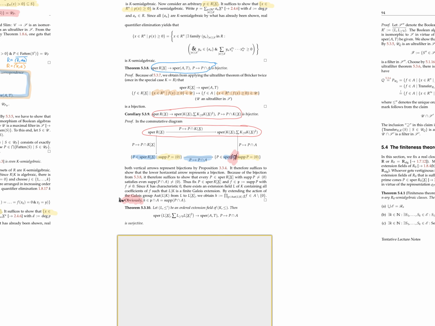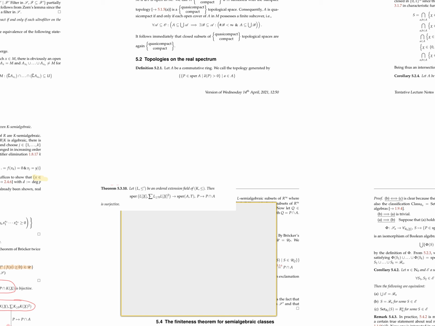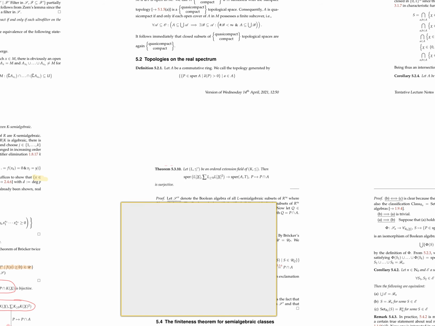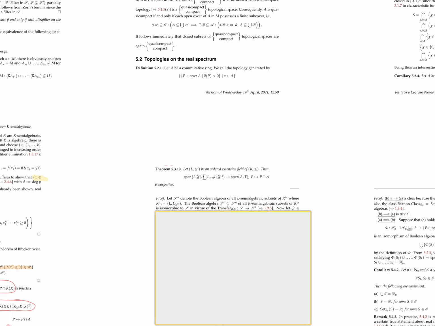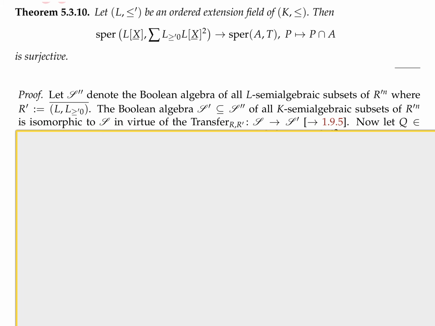Okay, new page. So let S double prime denote the Boolean algebra of all L semi-algebraic subsets of R prime to the n, where R prime is now a real closure of this ordered field. So maybe let me make a diagram here.